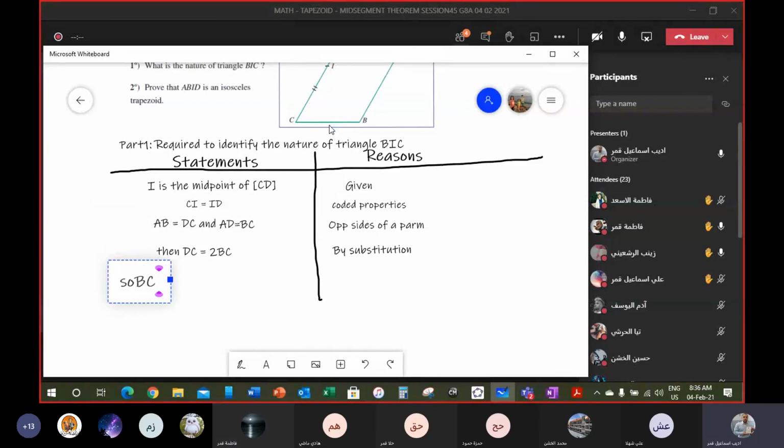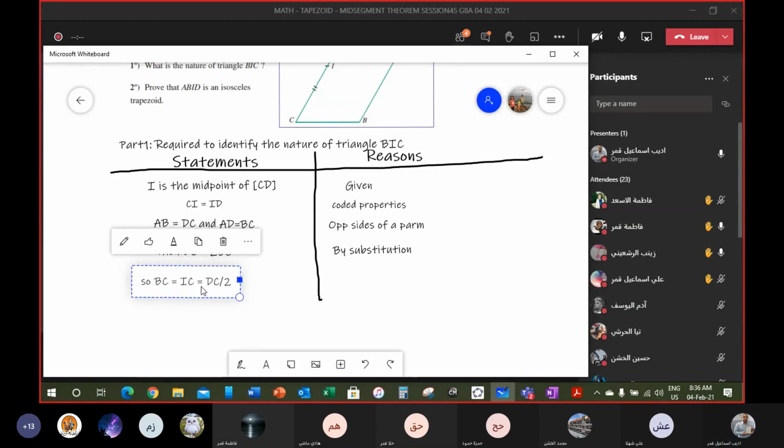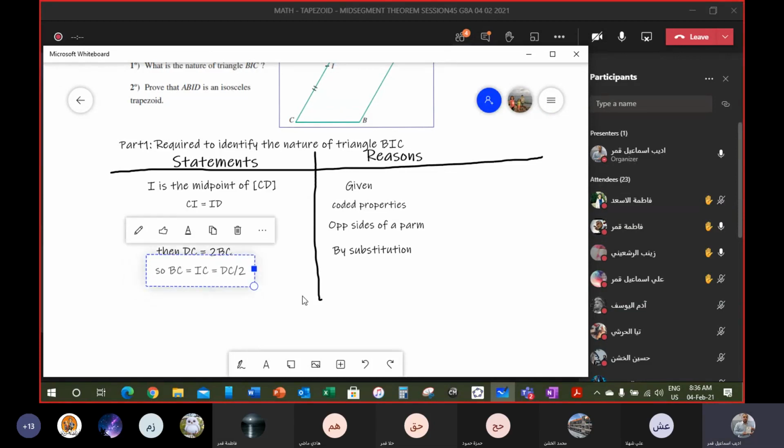BC equal للاي سي equal to DC over 2. اوكي. إذا صار عندي BC equal للاي سي، شو بصير هيدا ترينجل؟ ايسوسيلس.